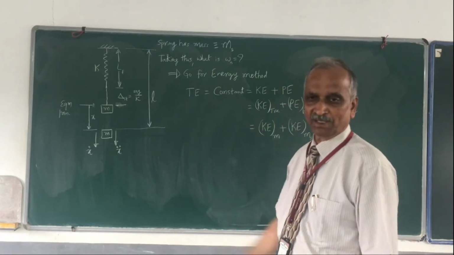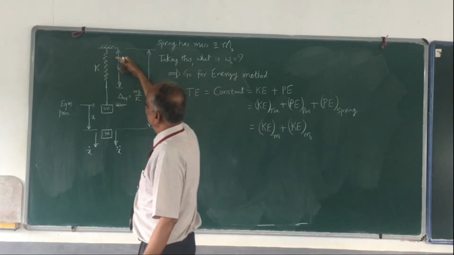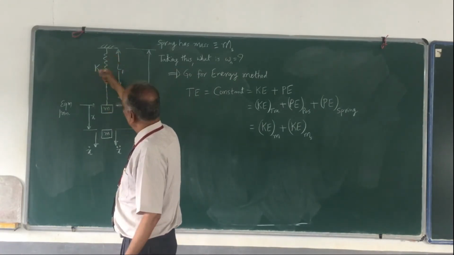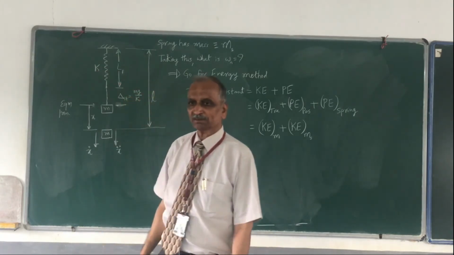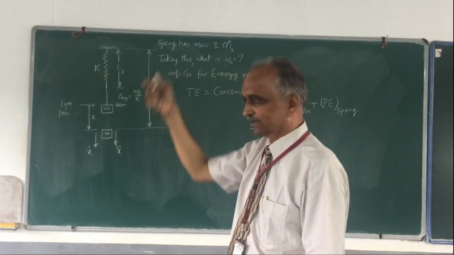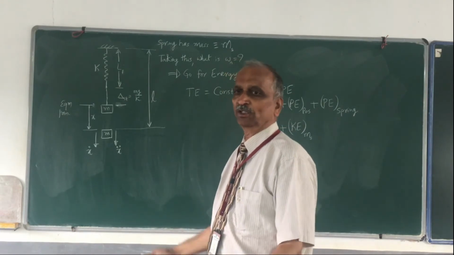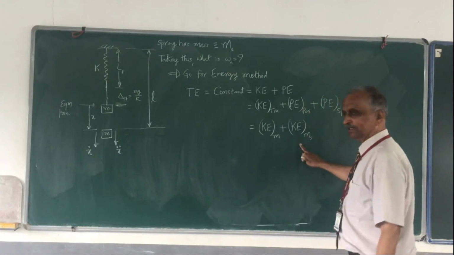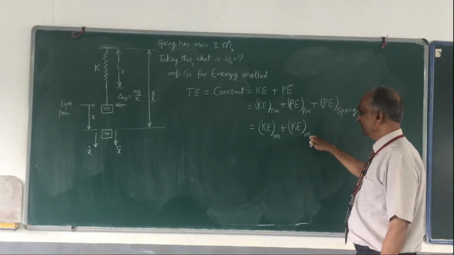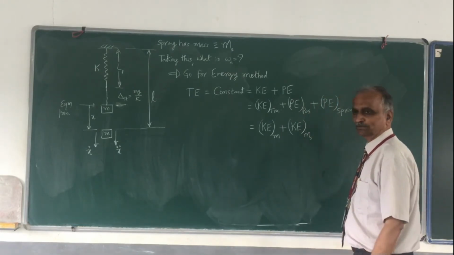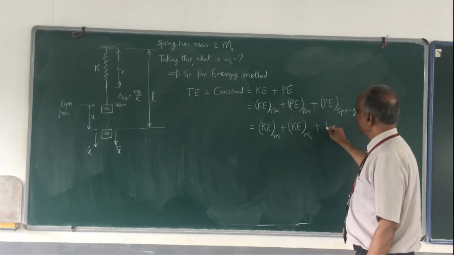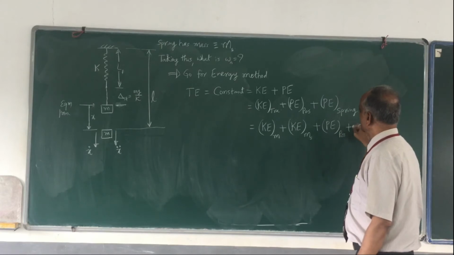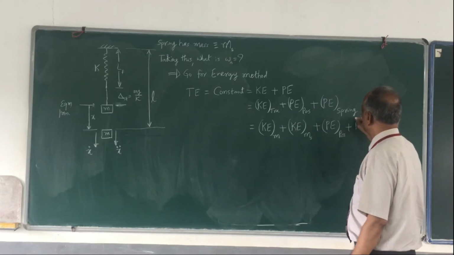The spring also has mass, every portion, everywhere. The spring also has mass, and that also is moving along the axis, and hence I have kinetic energy because of the spring also. Kinetic energy because of mass m, or ms, kinetic energy because of the spring. So potential energy because of position, potential energy because of the spring.